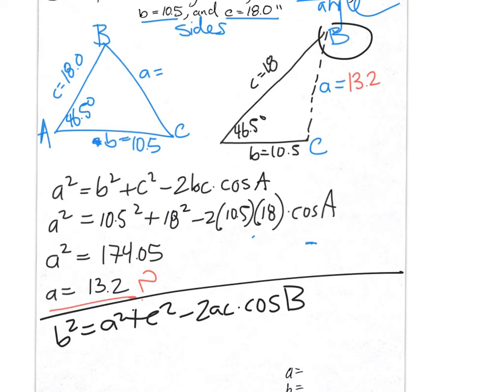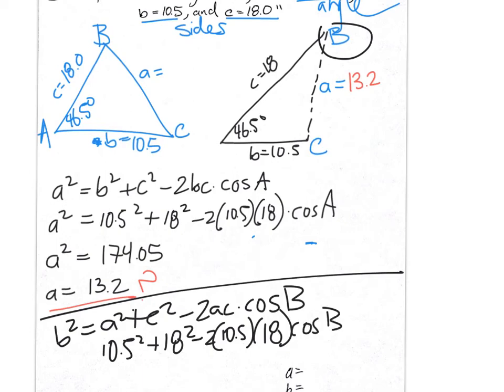Who knows? So let's try 10.5 squared plus 18 squared minus 2 times 10.5 times 18 times the cosine of B. Oh, and what was b squared? b was 10.5.